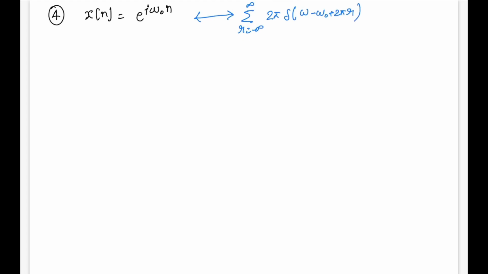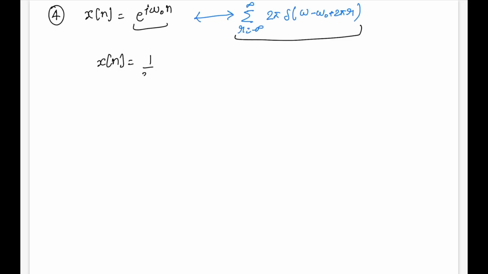Okay, so instead of going this way, we will go in the inverse way. So if we prove that the inverse Fourier transform of this is the complex exponential, then this solves our problem.